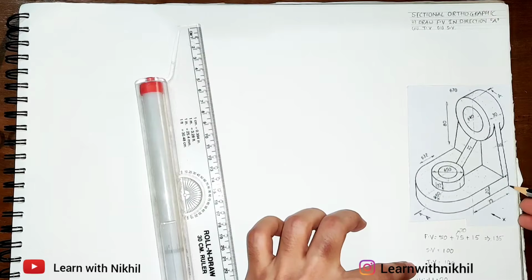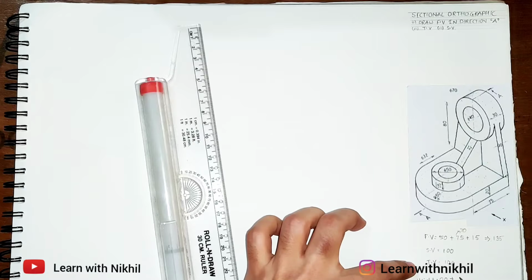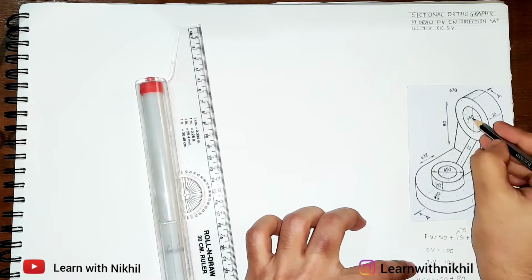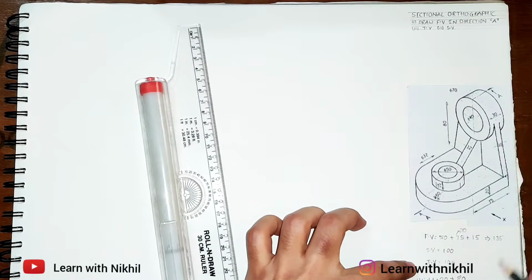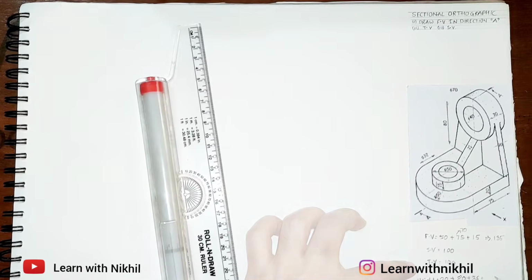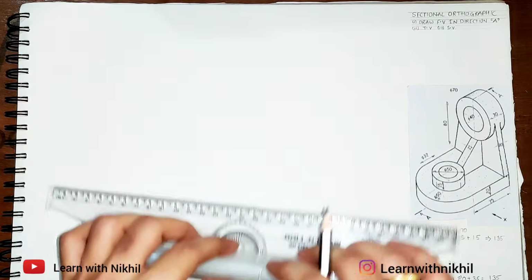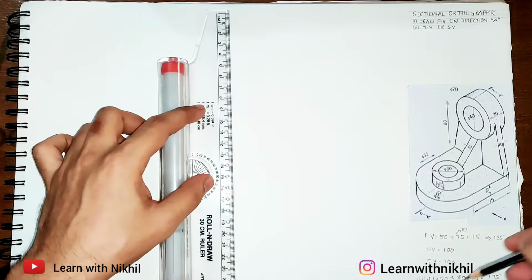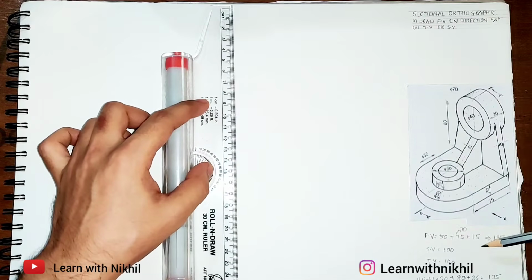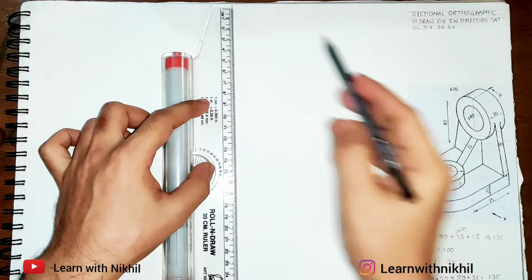From here to the center of the circle is 80, and then the remaining will be the radius of the outer circle, which will be 35 as the diameter given is 70. So total height will be 135. So we know how much space will require to draw the views.